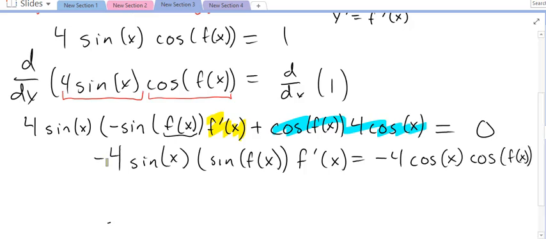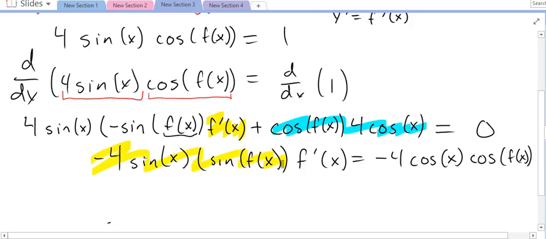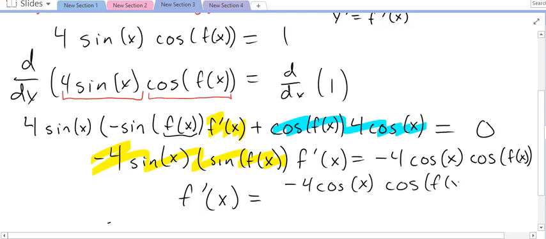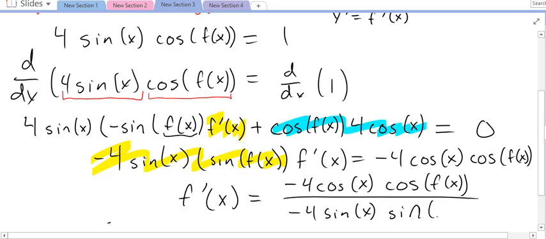And now we just need to divide by the coefficient out in front of our f prime there. And we get f prime of x will equal negative 4 cosine of x cosine of f of x over negative 4 sine of x times sine of f of x.